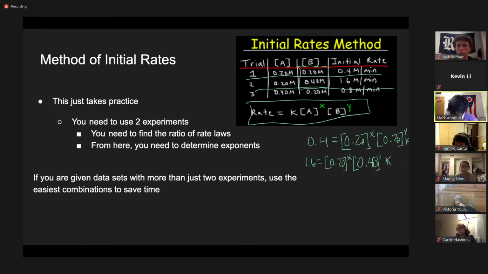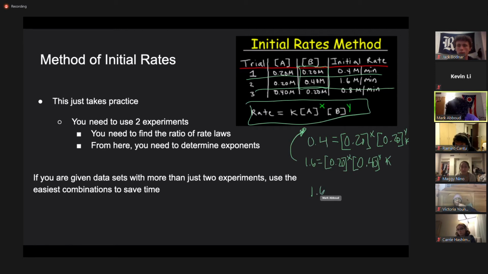So when we are doing this method, we want to divide one rate law by the other. It's easier to put the larger one on top, that way we're dealing with numbers greater than 1 instead of fractions.